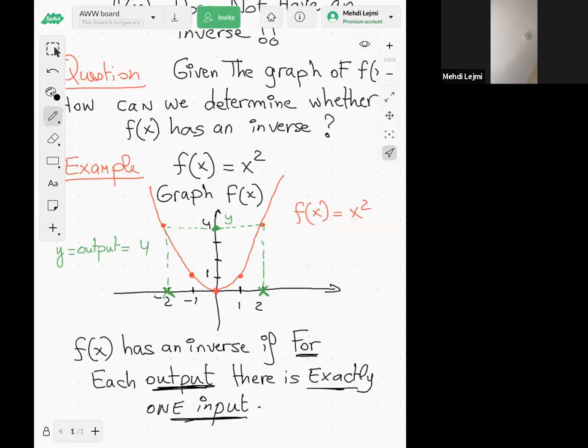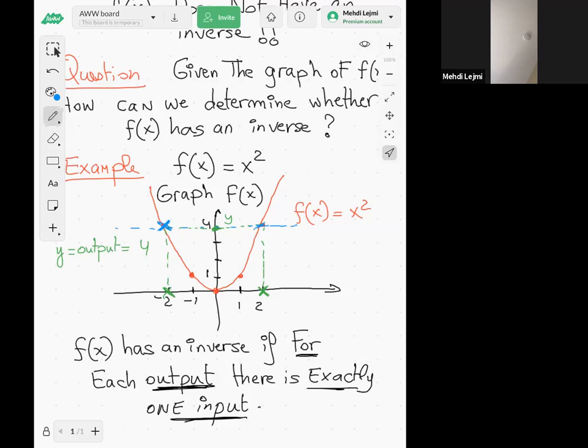So this is a very general statement: a function f has an inverse if for each output there is exactly one input. And if you want, you can use horizontal lines to see whether a function has an inverse. For example, if you use this horizontal line here, it's going to intersect the graph at 2 points.